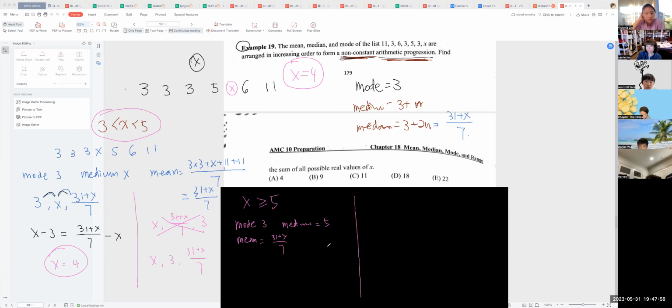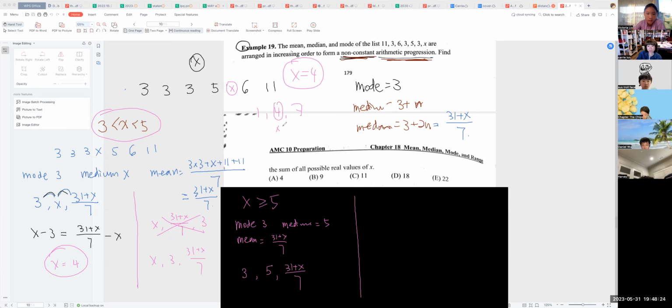Correct, everybody? Okay, so now I'm going to put them in order. Because x is bigger than or equal to 5, you're going to think about it. 31 plus 5 equals 36. 36 divided by 7 will be bigger than 5. So the order will be 3, 5, and 31 plus x over 7. Right? So the order is like that. So when you have an arithmetic sequence, you see 1, 4, and 7.